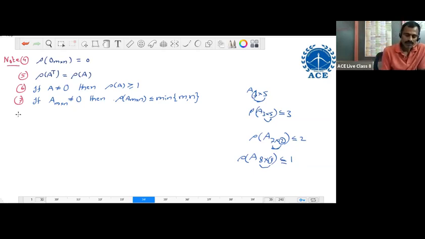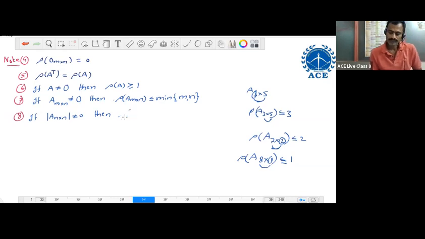Next, note point number 8. If the determinant of A n cross n is not equal to 0, then rank of A n cross n equals n.